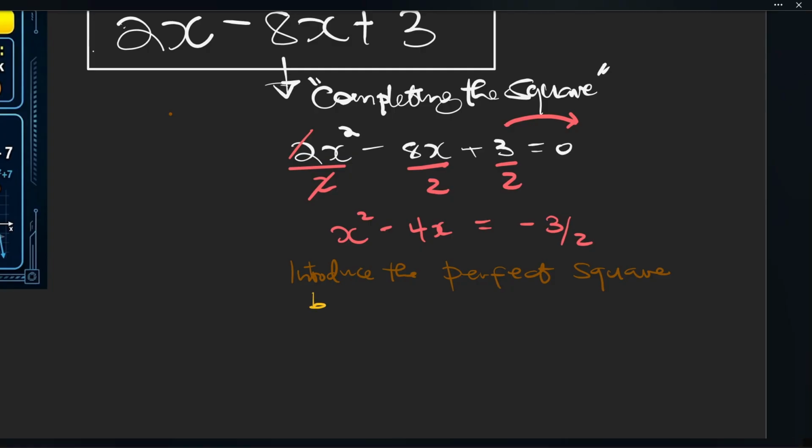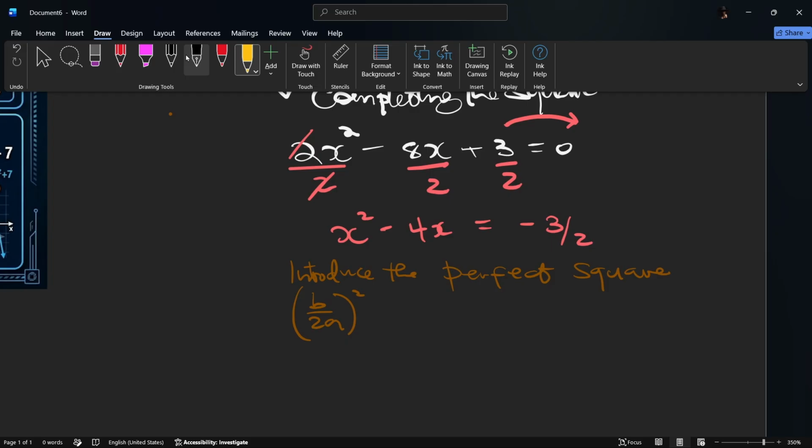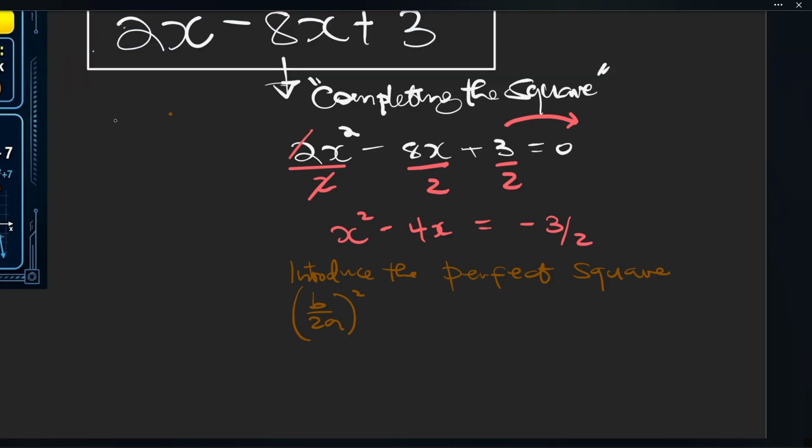It's supposed to be b over 2a, all squared. So you just need to check what your a, b, and c are. Your a here is 1. Your b here is negative 4. Then your c here, if we move it to the other side, would just be positive 3 over 2, but you don't need it in this formula.